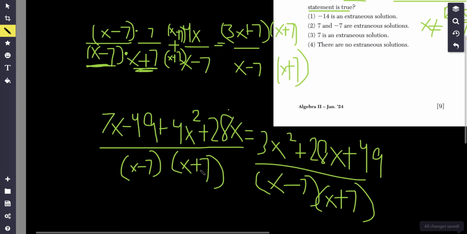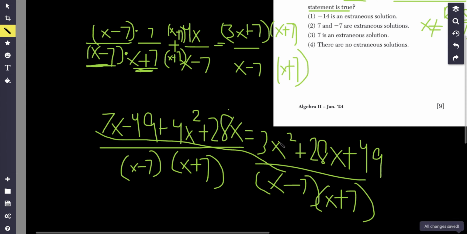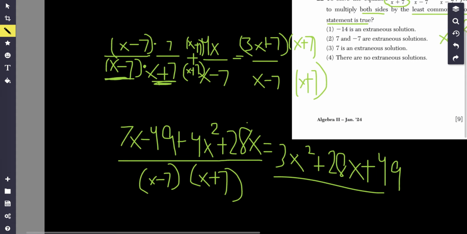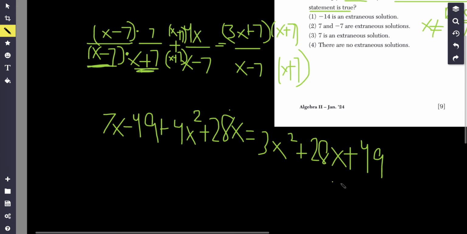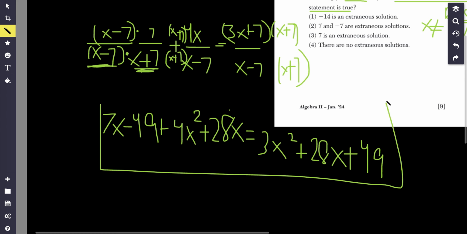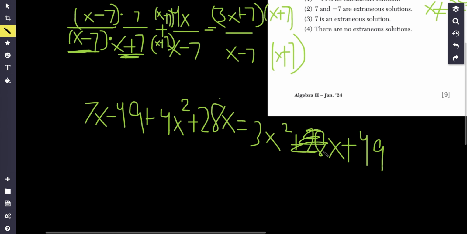All right, now we know the denominators are equal to each other, so let's just set the numerators equal to each other. So our new equation is just going to be this, because we know the denominators have to be equal, so the numerators have to be equal to each other. Now, this 28x and this 28x cancel out.